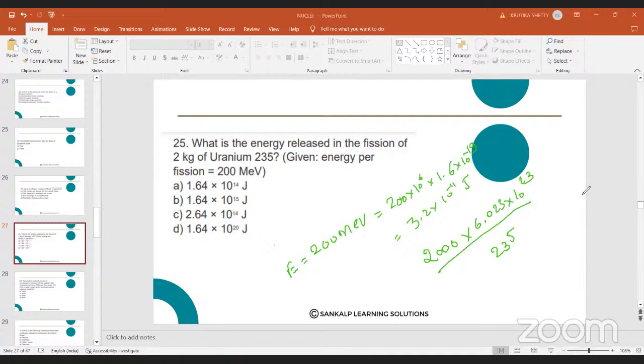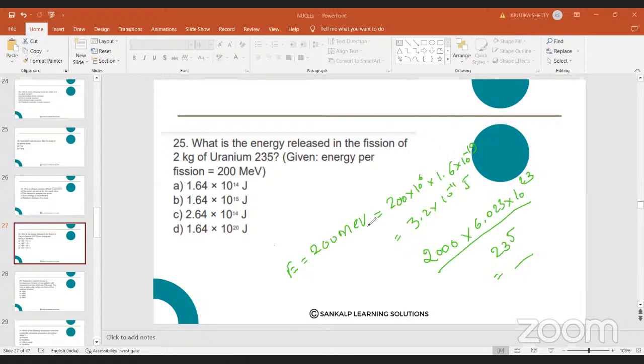Some are getting A, some are getting C. I think you used this same formula. The energy is 200 mega electron volt, convert it in terms of joules. It becomes 3.2 into 10 raised to minus 11.